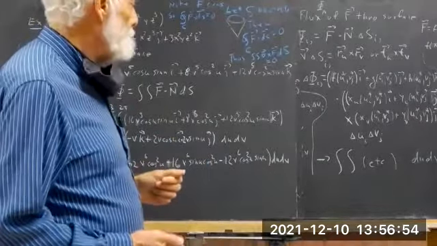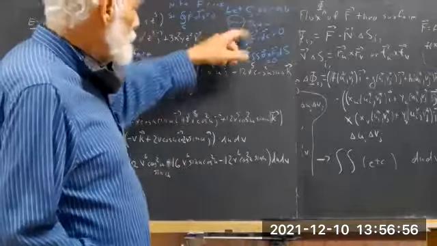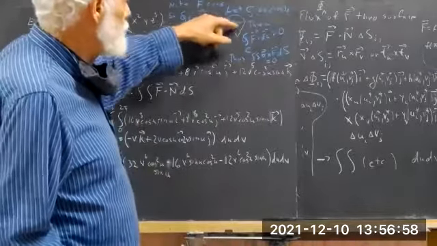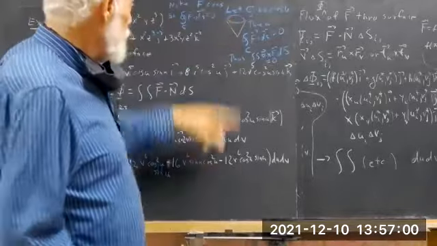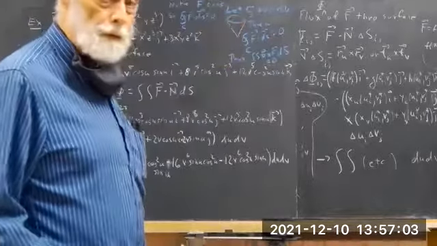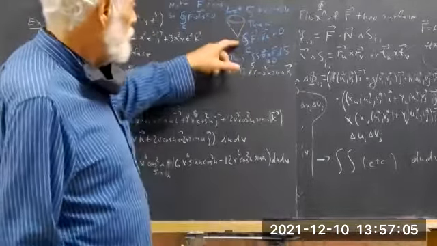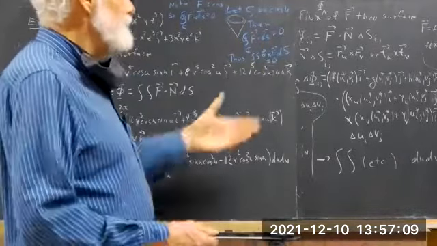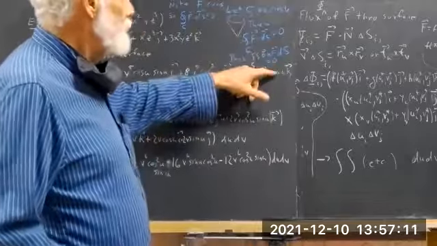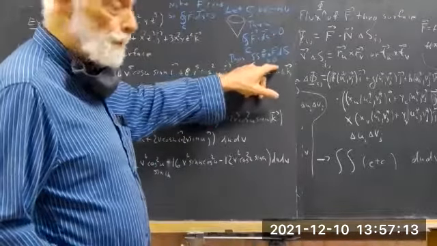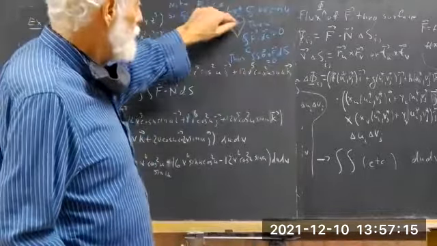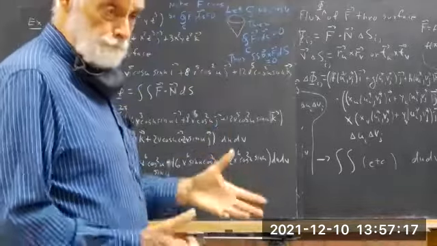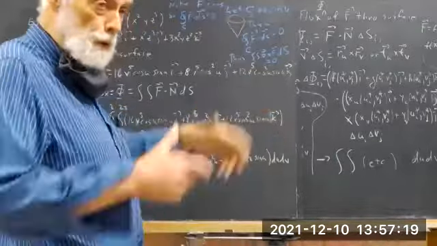Not only that, but the same is going to be true for any surface that's bounded by this circle. So if I had a paraboloid bounded by this circle, the integral of the curl is still going to be 0, no matter what the surface is. It's bounded by this circle, hemisphere, a paraboloid, whatever.